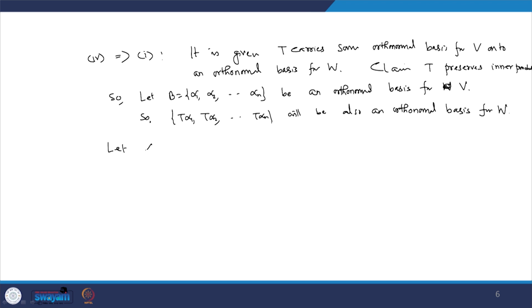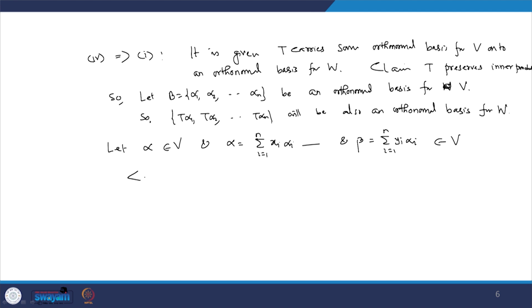Let alpha belong to V, with alpha equal to sigma x i alpha i, i equal to 1 to n, where x i are scalars belonging to the corresponding field, and beta equal to sigma y i alpha i, i equal to 1 to n, also belonging to V.